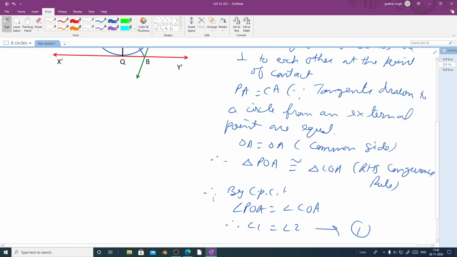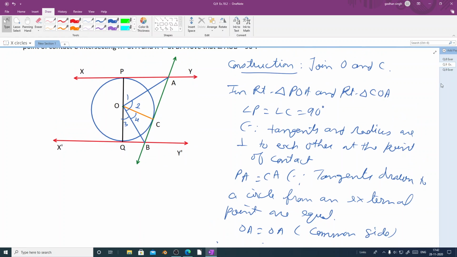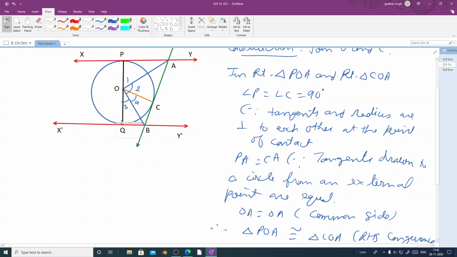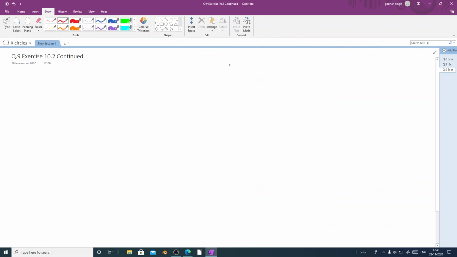Now, in the same way we can also prove that angle 3 is equal to angle 4. There is no need to prove it, we will just write similarly: angle 3 equal to angle 4, and let this be equation number 2.